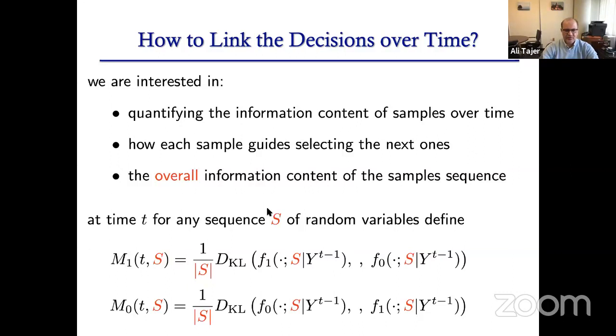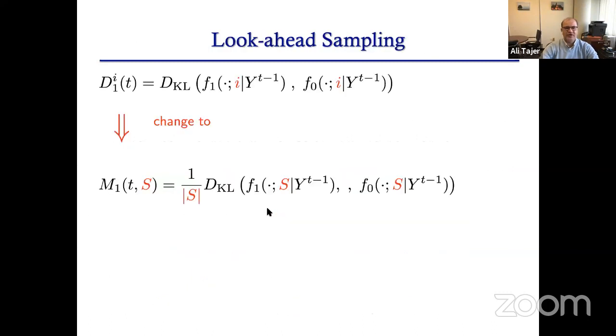In a similar way, by flipping the roles of F0 and F1, we define the measure M0. If you compare it with what we had based on Chernoff's principle, you'll see that Chernoff's principle is just looking at the marginal divergence, whereas we're looking at the divergence between sequences of random variables. So hopefully, by looking at the divergence or information content of the sequence, we could have a measure that links the different decisions over time.